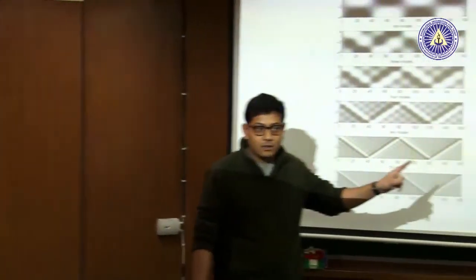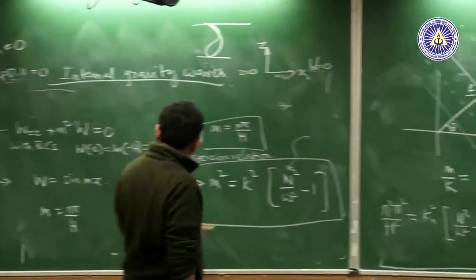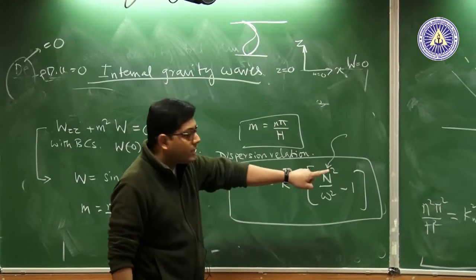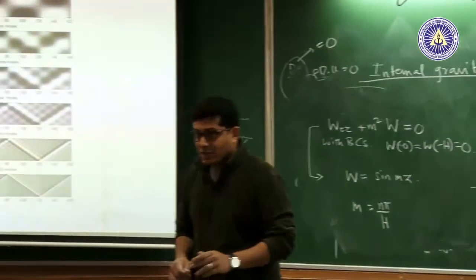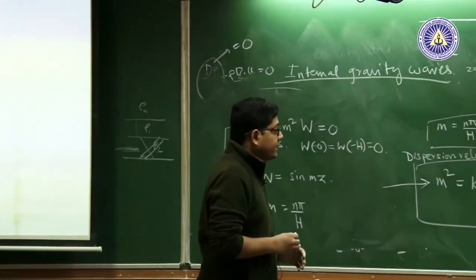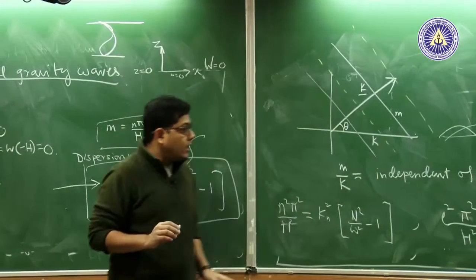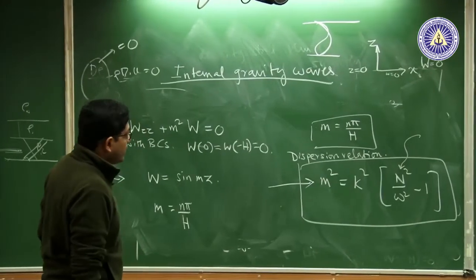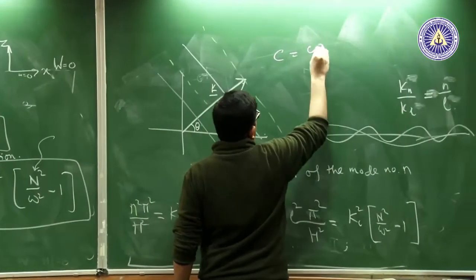That is one thing. The other thing is that m by k is independent of the mode number n. The reason I am saying this is that it is something very interesting for internal gravity waves. It's a fascinating thing. The definition of phase speed is c equals omega by k.